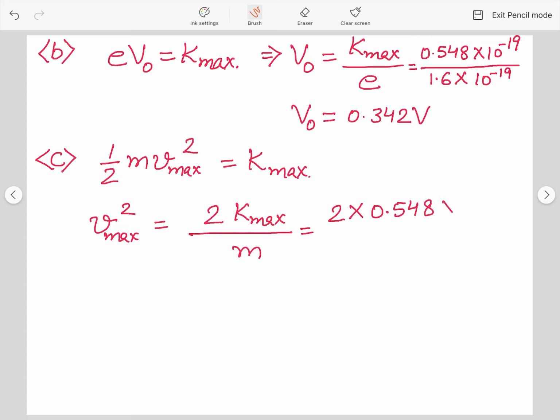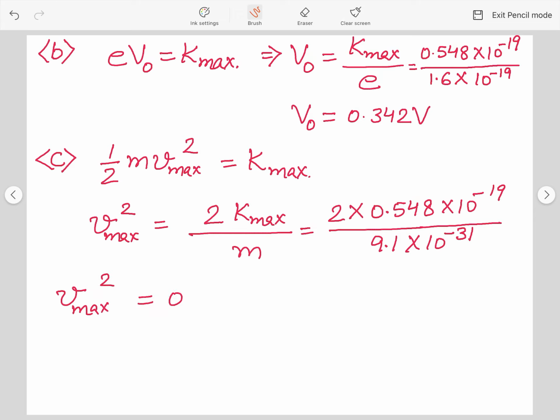0.548 into 10 raised to power minus 19 divided by mass of electron, that is 9.1 into 10 raised to power minus 31. On solving we will get V max square is equal to 0.12 into 10 raised to power 12.